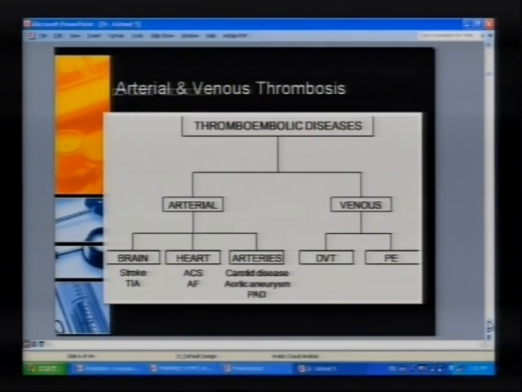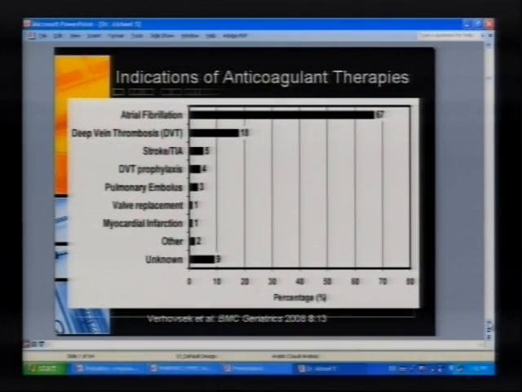This is just a snapshot of the thromboembolic diseases divided into arterial and venous diseases. The venous diseases are DVT and PE, which together are called venous thromboembolism. Arterial thrombosis includes stroke, acute coronary syndrome, and peripheral arterial disease. Anticoagulant therapy is used in a wide spectrum of diseases, but the most common indication is atrial fibrillation.